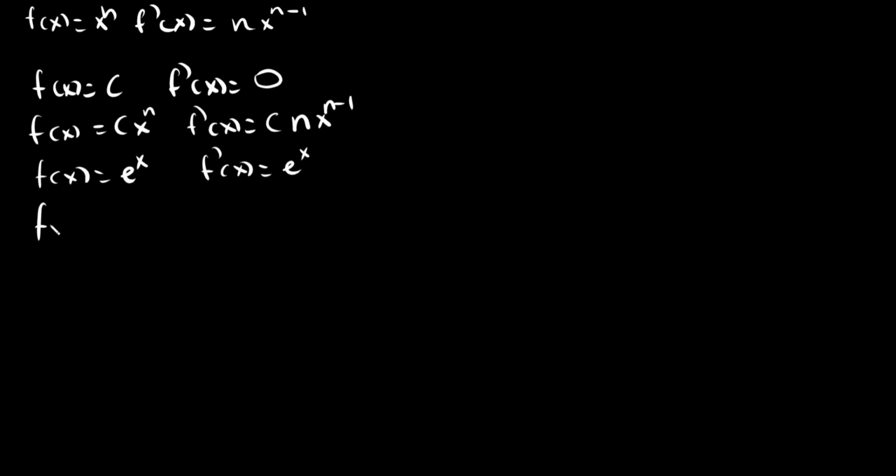Maybe in another video, but you guys just need to remember that by heart. If I got c to the power of x, my f prime of that is gonna be c to the power of x times ln of c. Okay, you guys just need to remember that.